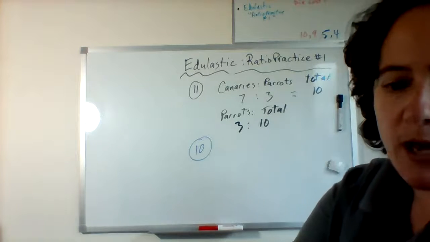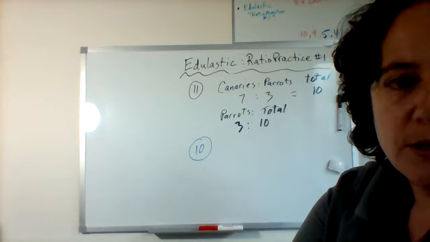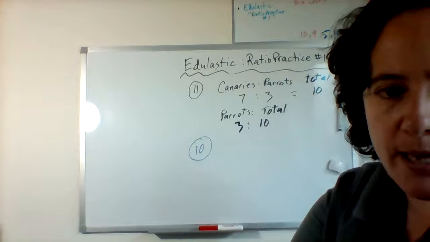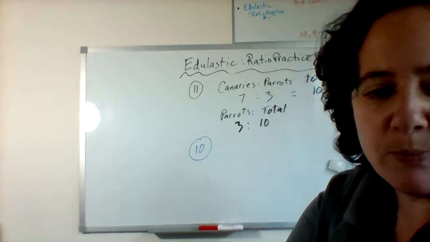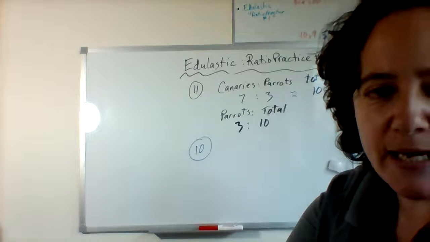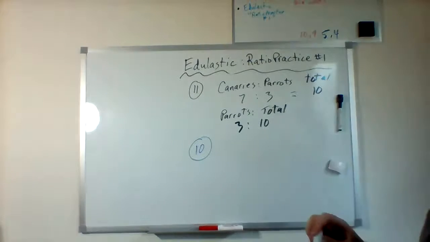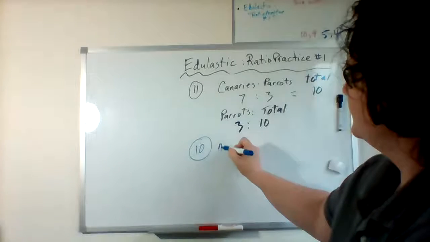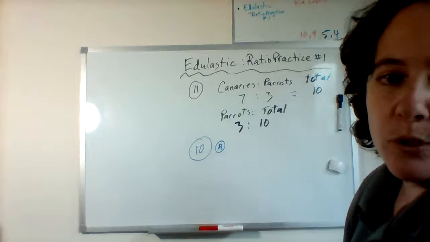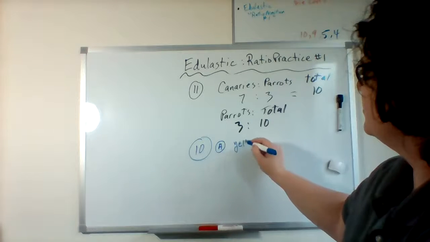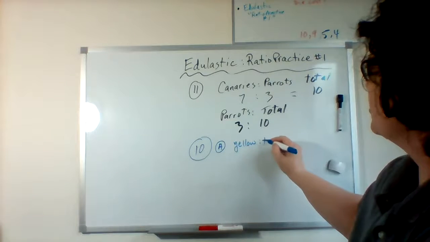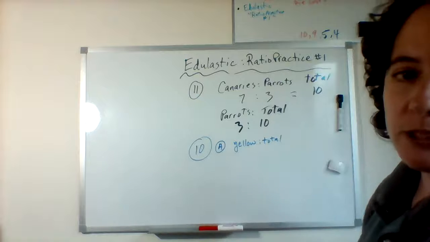Number 10, butterflies. Butterflies has part A and part B. Oh, I missed doing part B in the other class. Oops. Okay. Part A. What is the ratio of yellow to total? I already know the yellow.